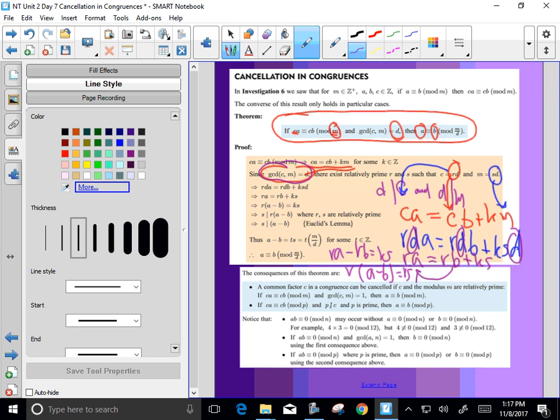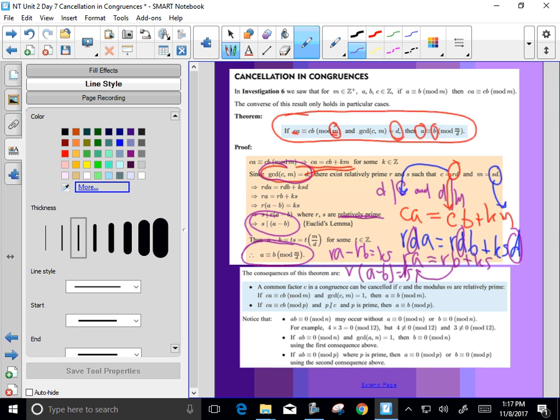Did I do that right? Yeah, K times S. Then you can say that S divides R times (A minus B), and since S and R are relatively prime, S divides A minus B. That's the thing we're going to divide out of the M. We're going to divide that D out, and that proves this one.